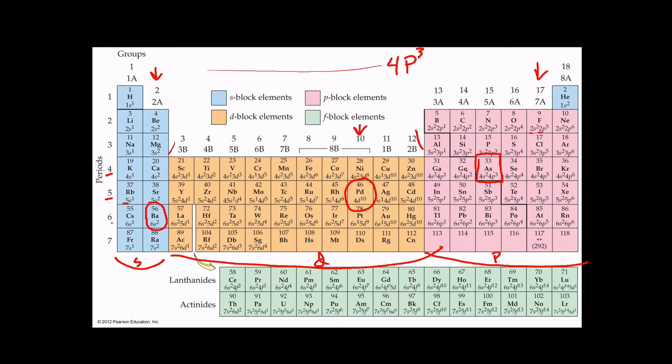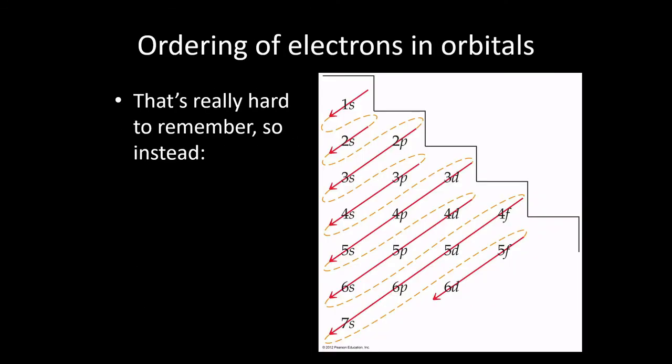It's on the 6th period in the S block, so we know it's going to be 6s, and it's the second element in, so 6s2 is the last electron, and so you just fill in the beginning. Just work your way backwards from there. So you don't need to count electrons in that situation. You just start with 6s, so if you go back here, there's your 6s, and you just work your way backwards, putting in the rest of them.